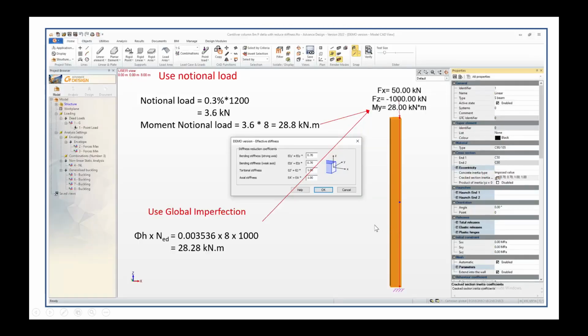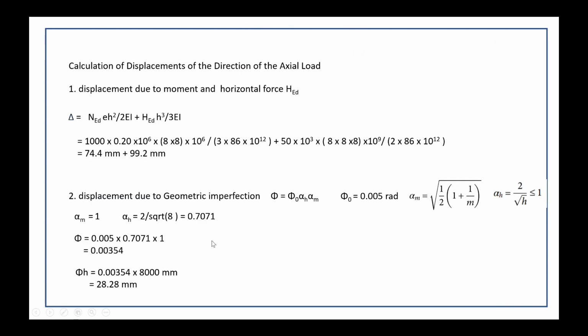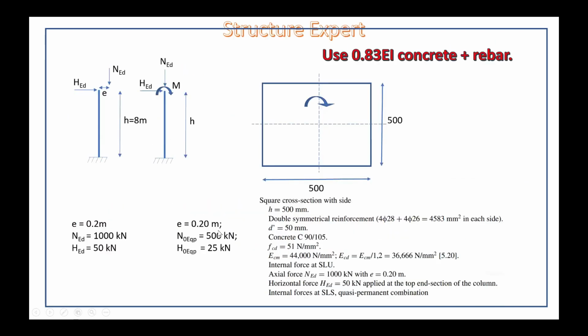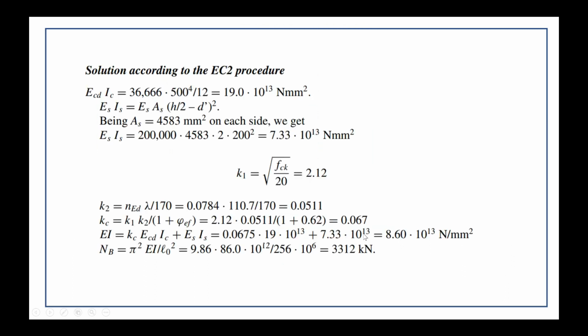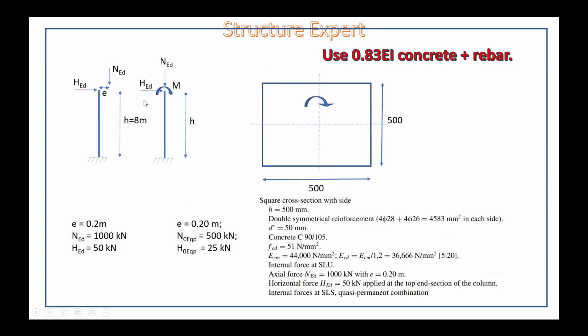Now let's compare with the other method. In this case, you can use the notional load, 0.3% multiplied by the vertical load. In this case N is equal to 1000.